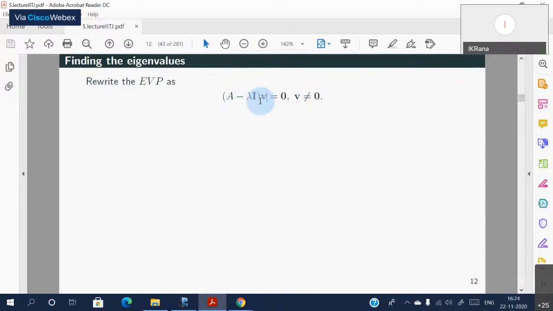So saying this matrix is not invertible, we can go in and write this in terms of determinants. Now we have not discussed determinants here, but I think most of you are familiar with the property that a matrix A is invertible if and only if its determinant is not equal to 0.